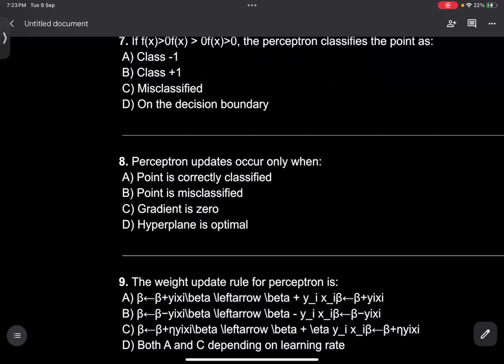Exactly. What about others? I want everyone to participate. Yes, exactly. So why are we dealing with the misclassified points only, as I have repeated many times in the class. So that's why perceptron update occurs only when the points are misclassified.